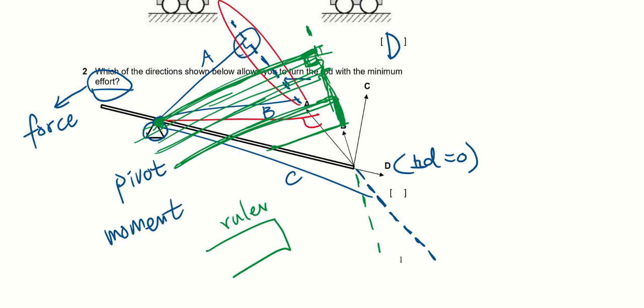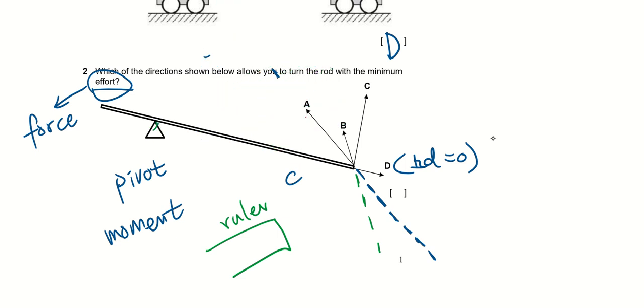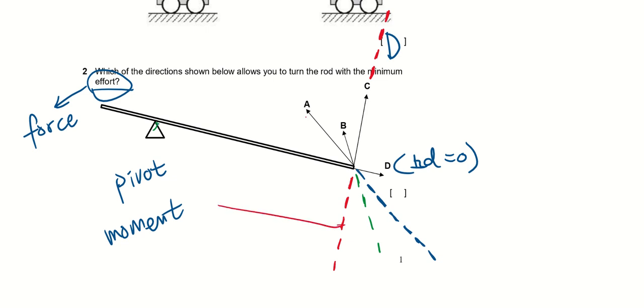So how about we try this for C? Let me erase everything first. For C, I will first draw my line of action of the force for C. Let's say I'm not sure how to get my perpendicular distance. I draw my line of action for C, and then I put my ruler against this line.